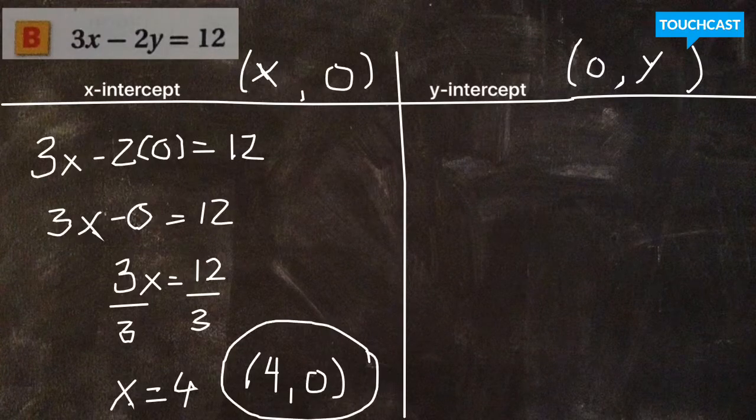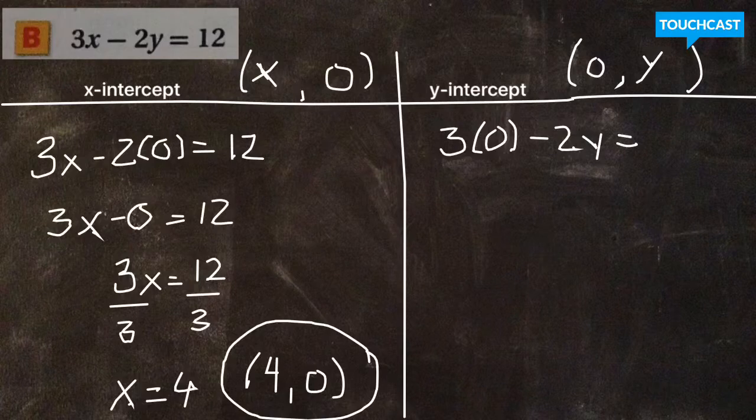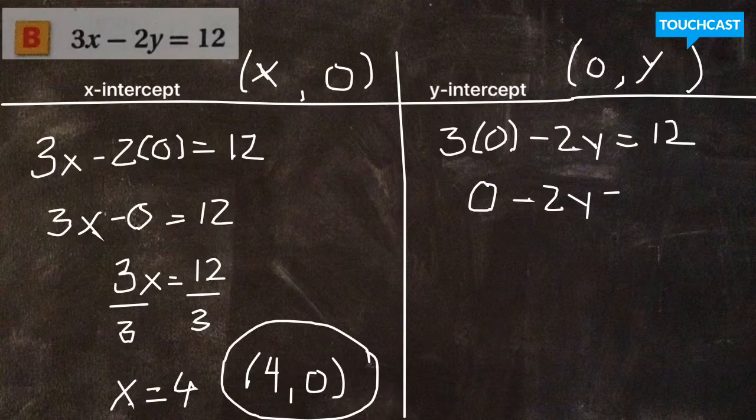Now to find the y-intercept, we're going to do the same thing, except we will plug 0 in for x and y in for y. So we have 3 times 0 minus 2y equals 12. Well, 3 times 0 is 0. 0 take away 2y is just -2y.